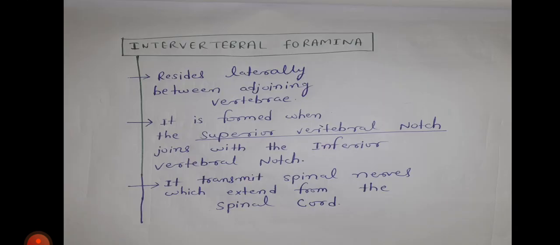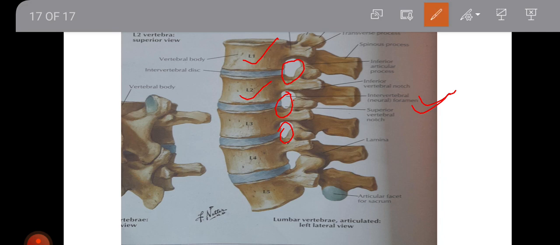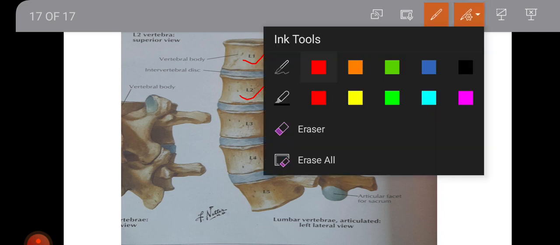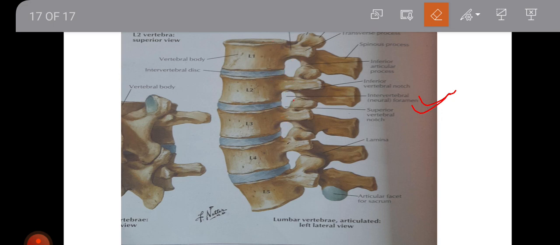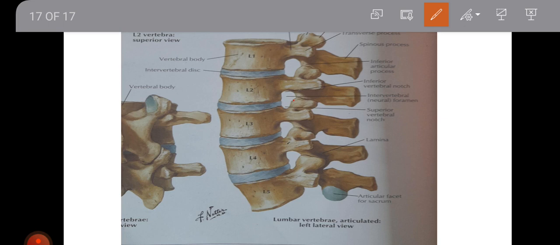How is the intervertebral foramen formed? It is formed when the superior vertebral notch joins with the inferior vertebral notch. So in this image, if you see, wait, I will erase this portion. This is the superior vertebral notch and this is the inferior vertebral notch. So when the superior vertebral notch joins with the inferior vertebral notch, a foramen is formed.